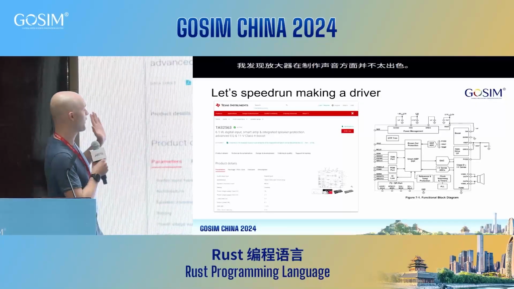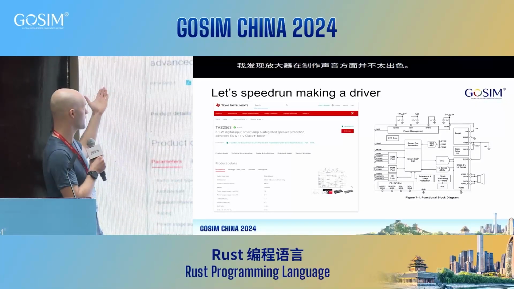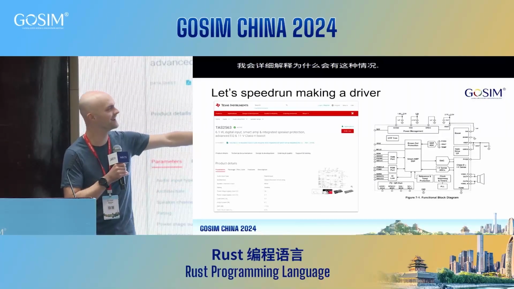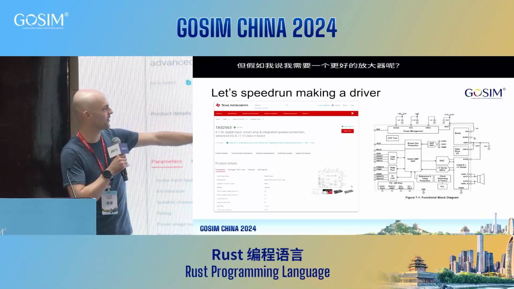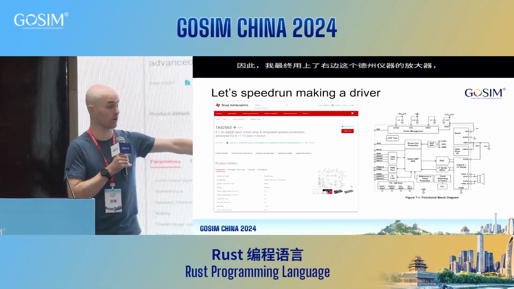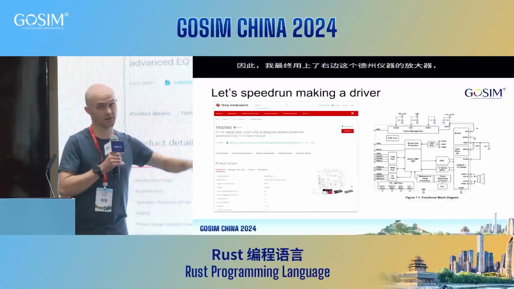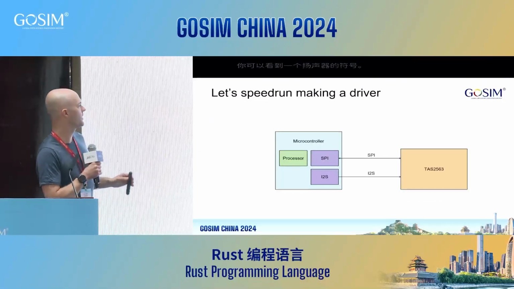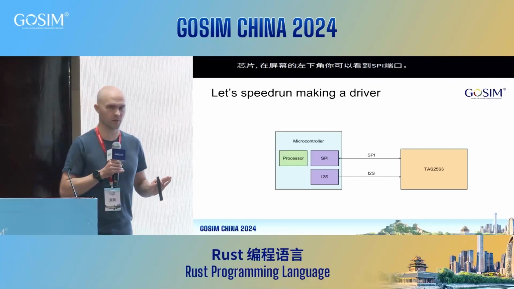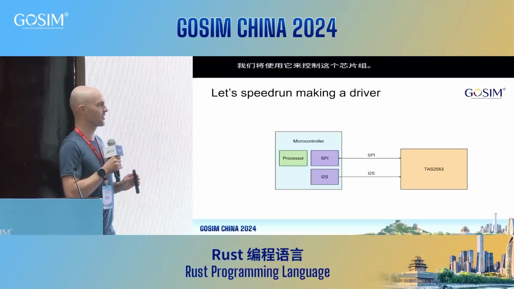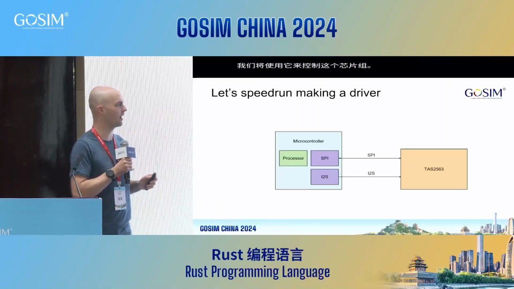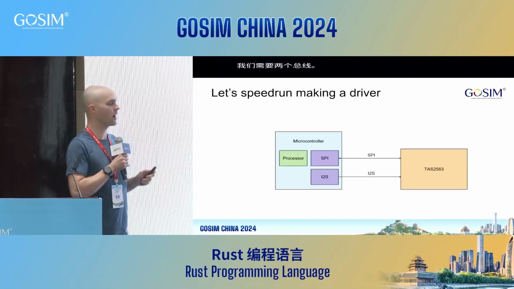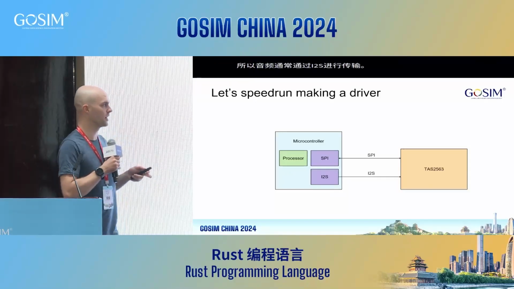So I eventually ended up with this Texas Instruments amplifier. On the right here, you can see a symbol of a speaker, the chip, and on the bottom left corner, you see the SPI port, and we'll use that to control this chipset. For audio systems, we need to have two buses. Audio is typically transmitted over I2S, and we'll use SPI to actually control the registers.